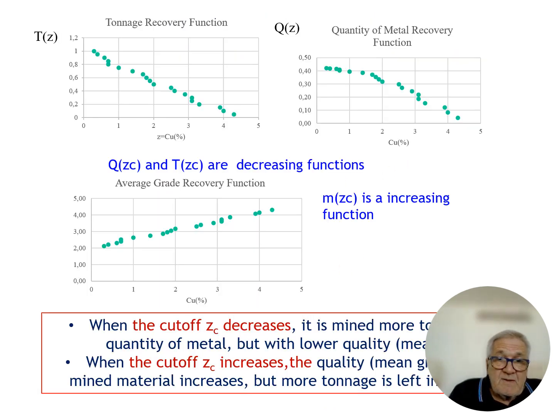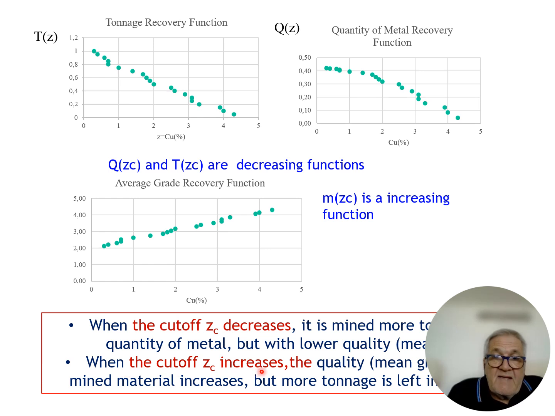But there is a difference with this last recovery function, the mean grade, because it is an increasing function. It means that when the cutoff grade ZC decreases, more tonnage and more quantity of metal are to be mined, but with a lower quality, which is the mean grade.